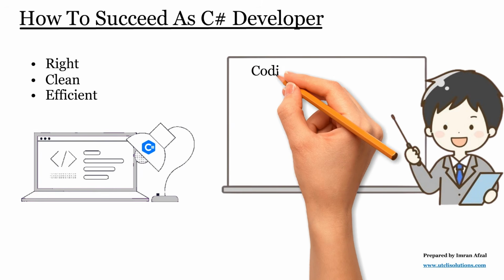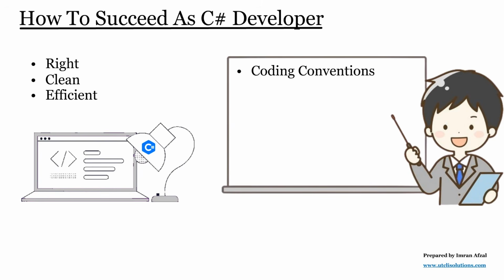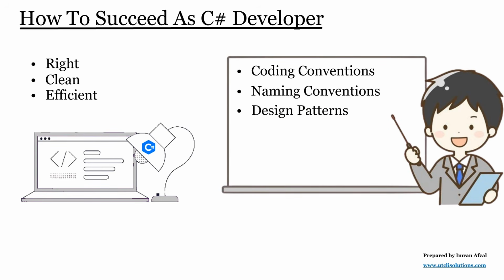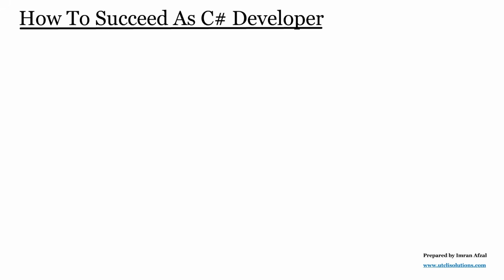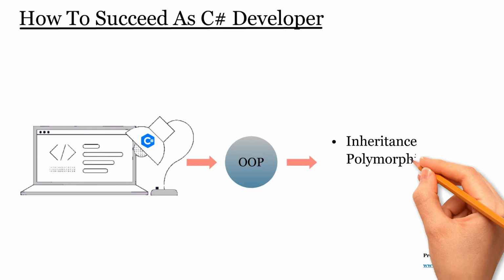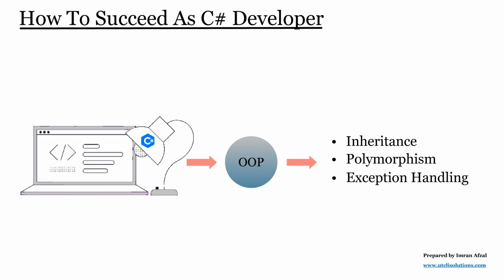Follow coding conventions, use proper naming conventions, and leverage design patterns to ensure your code is maintainable and scalable. All right. Then another advice is investing time in understanding the core concepts of C Sharp, including object-oriented programming, inheritance, polymorphism, and exception handling.